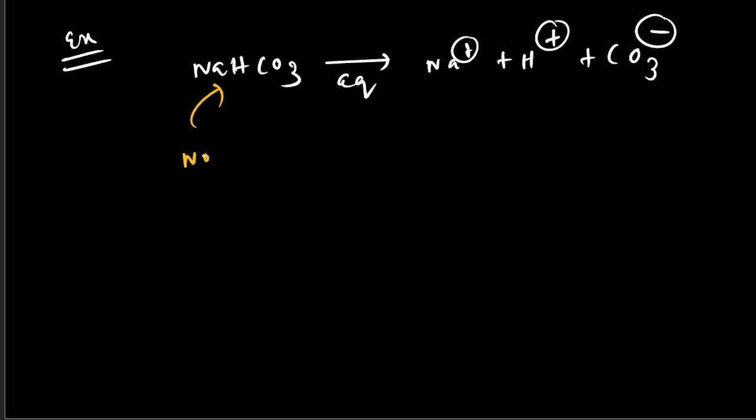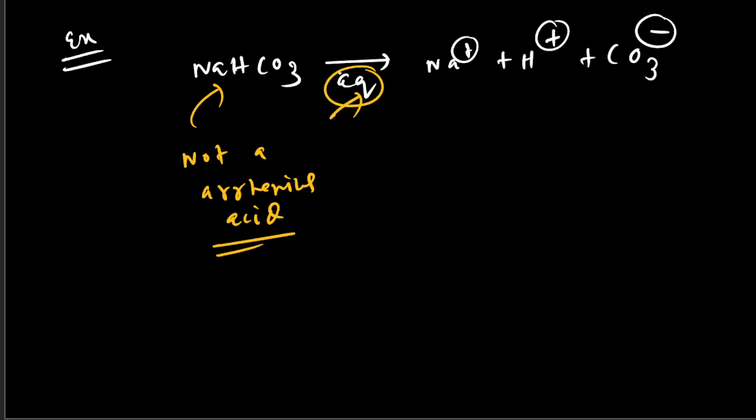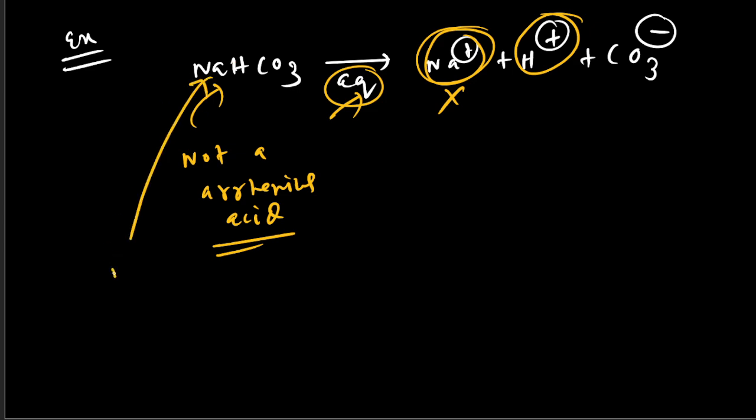Still it is not. What he says is aqueous solution, and the positive ions should be only H plus. If positive ions other than H plus are present, then that is not considered an Arrhenius acid. So NaHCO3 is not an Arrhenius acid.